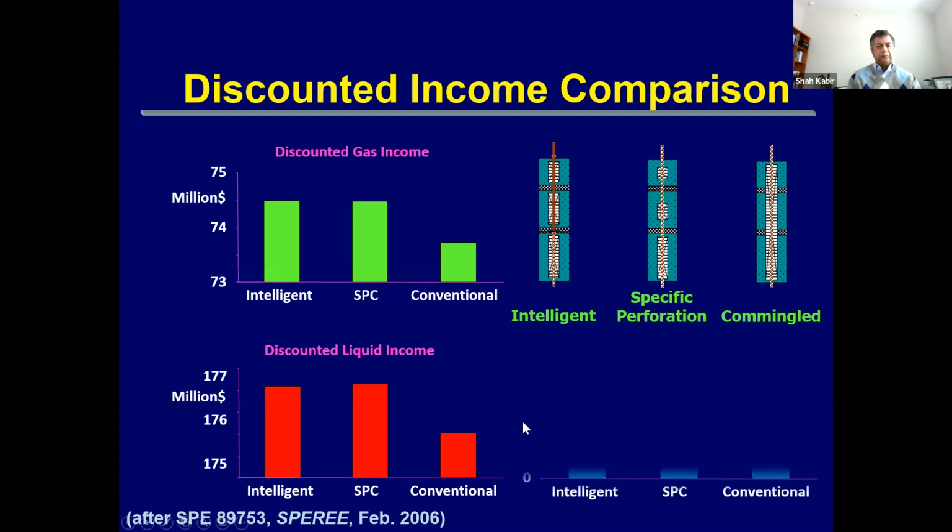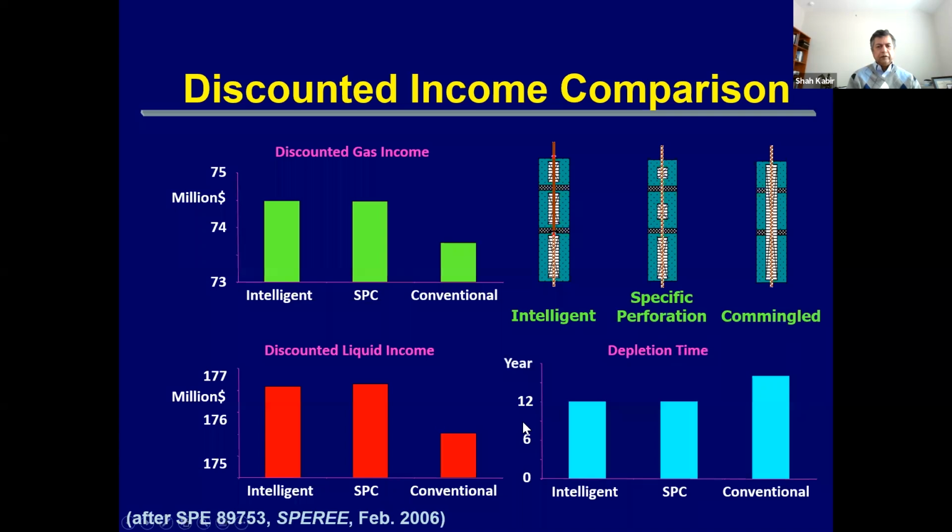The big ticket item is that if you go over here and just randomly complete, your total depletion time will increase. That's not good from a project management perspective.